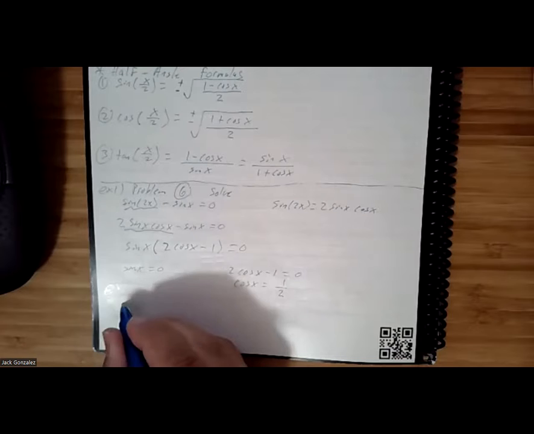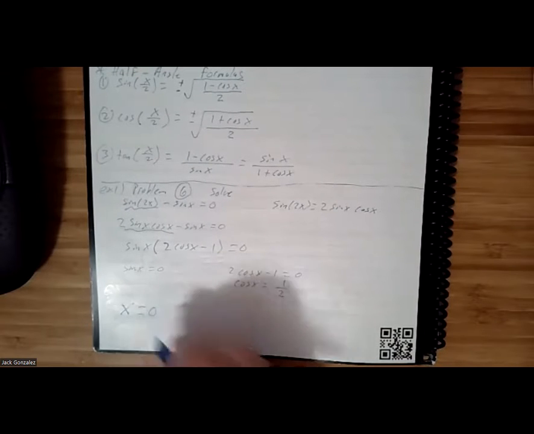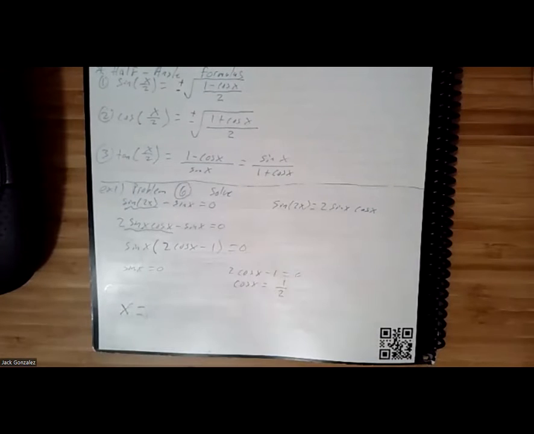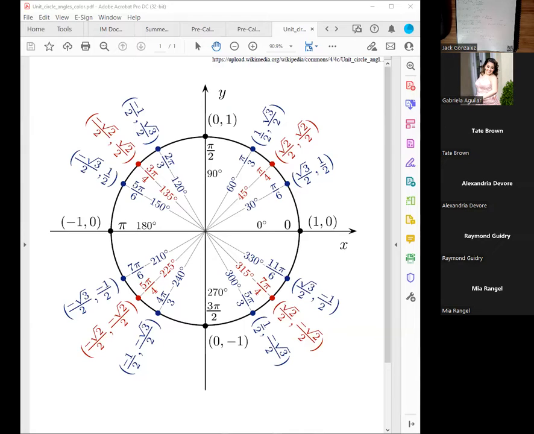So let's do this the easy way. These are easy angles, right? Let's look at sine equal to 0. Which y value is 0? We got one right there and one right here. 0 and pi.